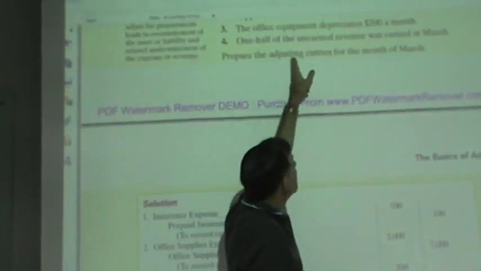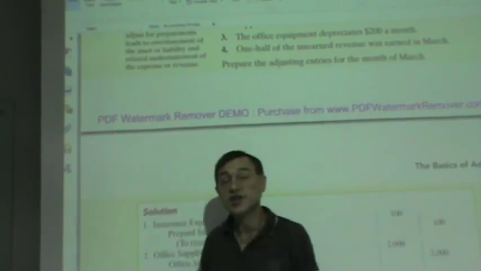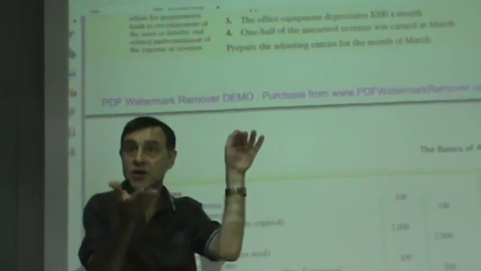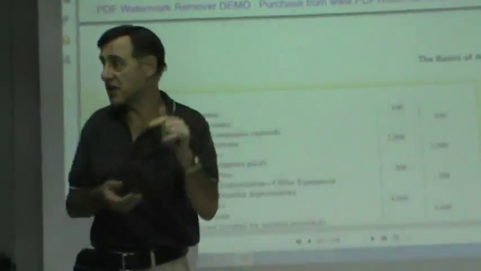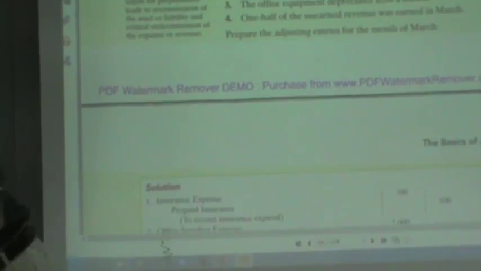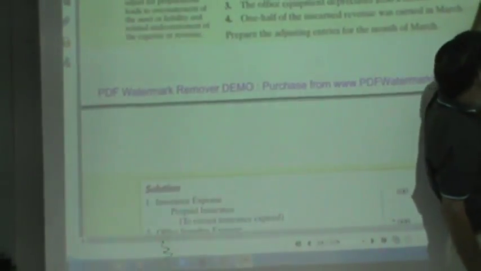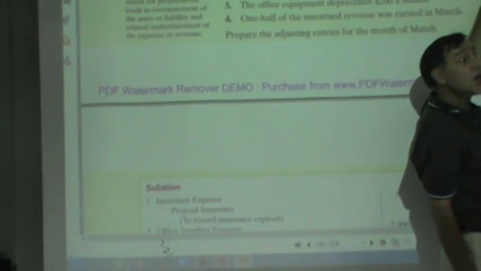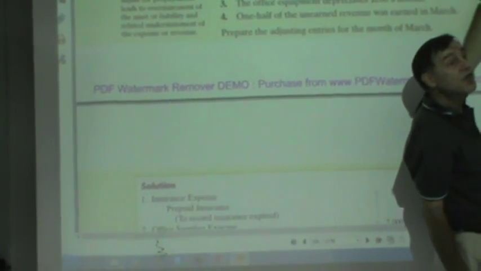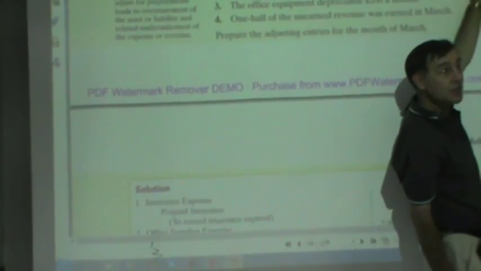One half of the unearned revenue was earned in March. So, whatever was unearned, one half you recognize. So, we go back to the balance. Unearned revenue, 9,200. So half of it is 4,600. So you recognize revenue.